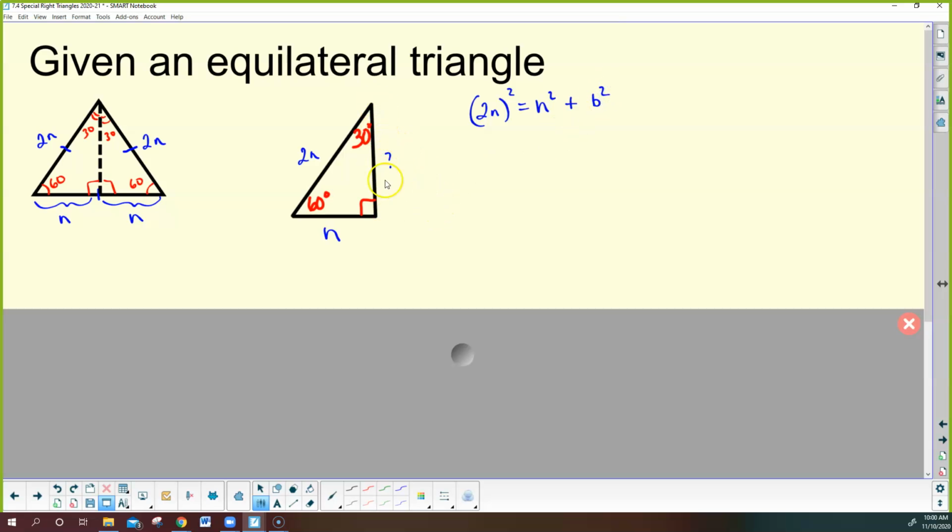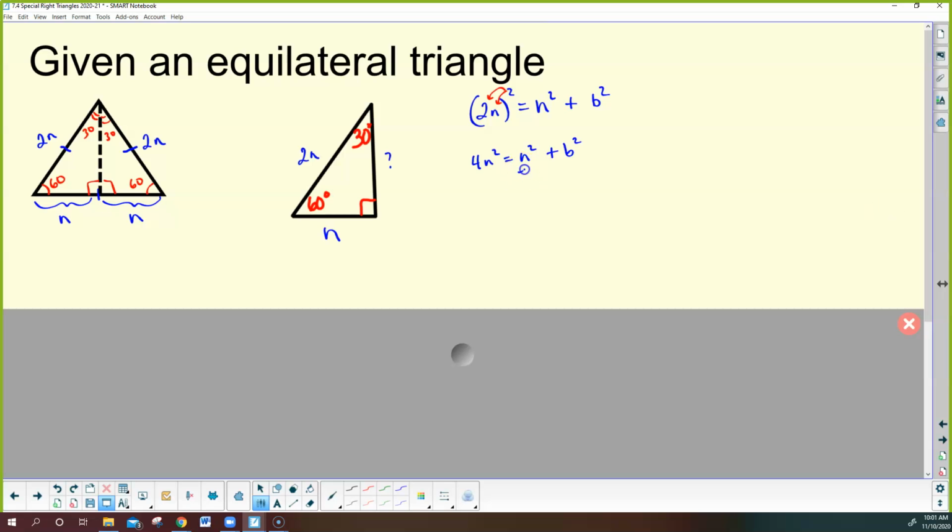I'm looking for the length B here, and it's just algebra now. I have to be very careful. My calculus students just made this mistake on their last test. When you're squaring, remember, you're squaring each piece inside. So 2n squared: 2 squared is 4, n squared is just n squared. And then we can't do anything on the right side to simplify it.